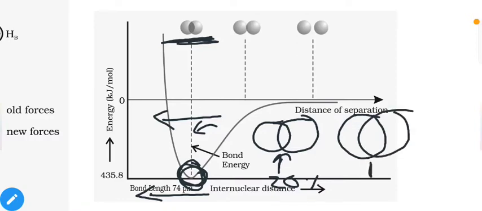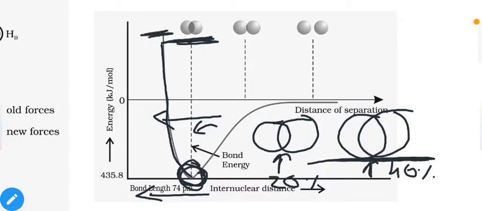Let us say in this situation 40% overlapping has occurred. That means energy will drastically increase, because as we squeeze two different atoms closer to each other, we are decreasing the distance and increasing repulsive forces. That's why repulsive forces increase between electron and nucleus. So energy is increasing. That's why it does not create a stable molecule.